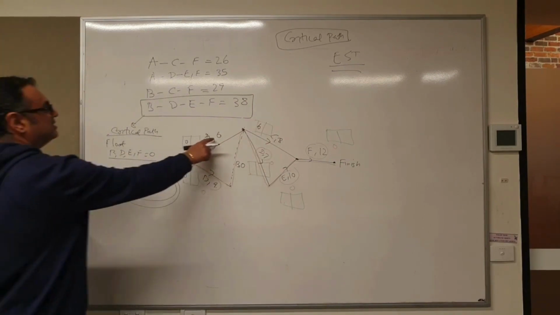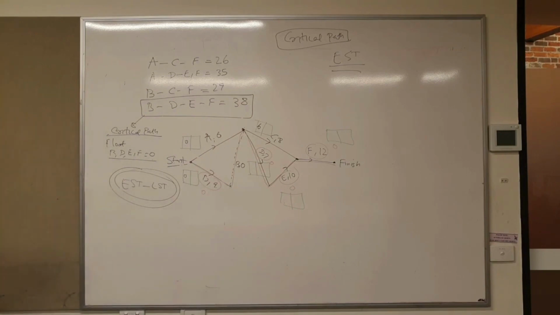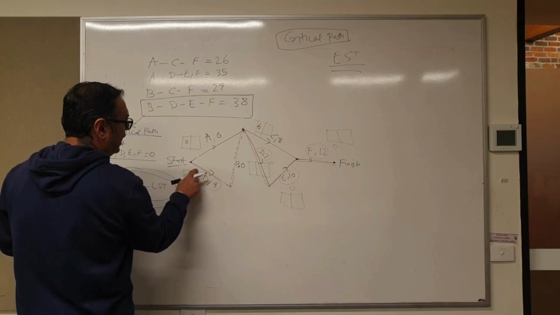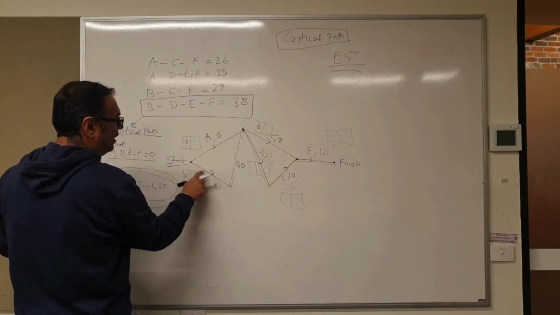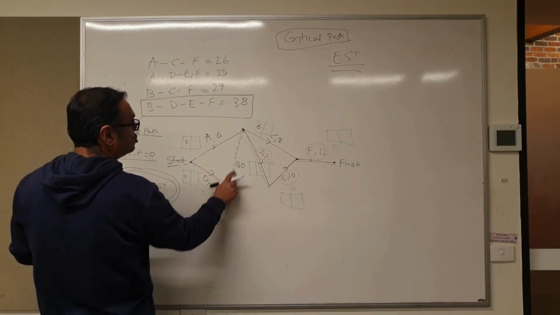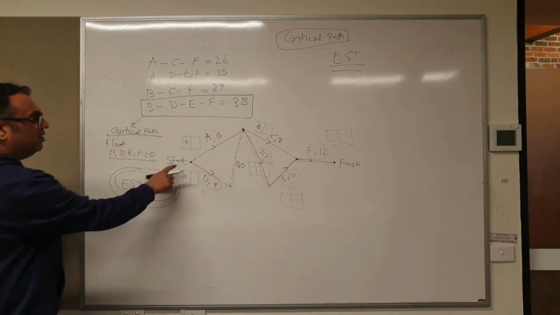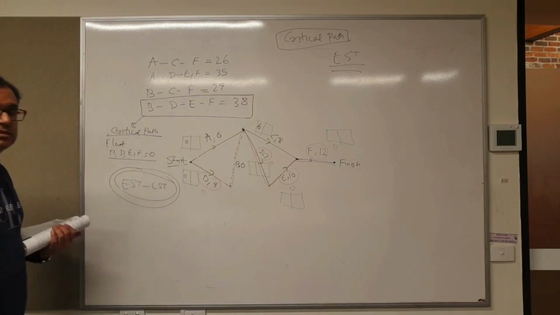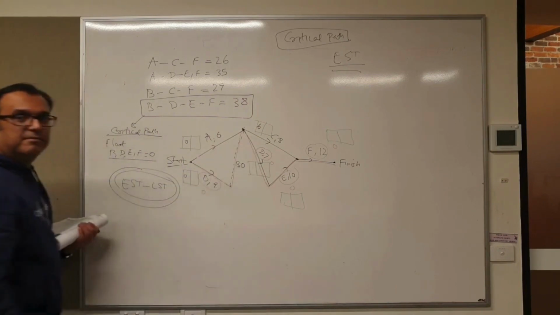Because you spent 6 minutes. Let's say this is minutes. Now, from start, you can also go to C. From B, you can also go to C. So from B, you're spending 9 minutes and reaching C, right?